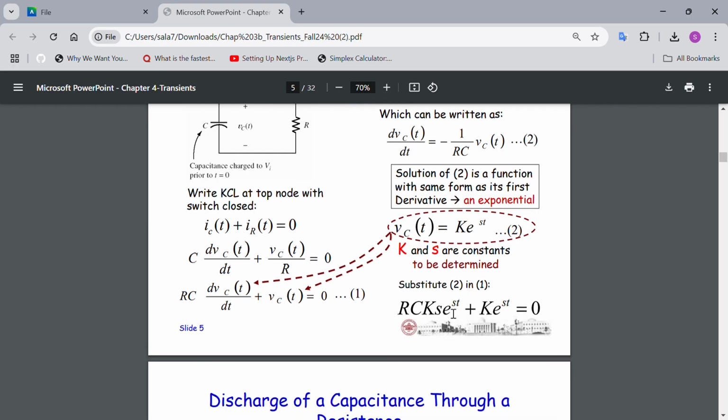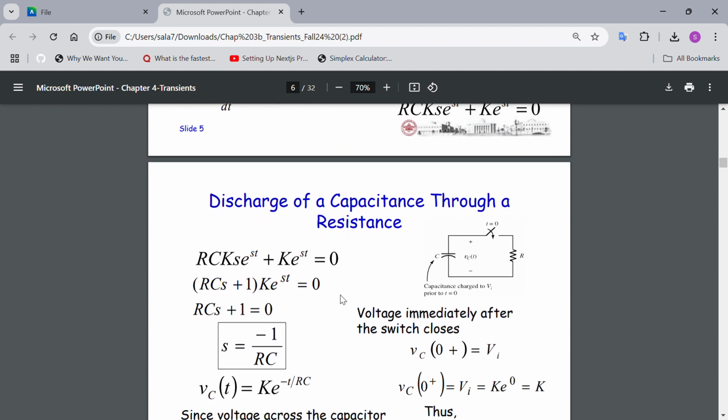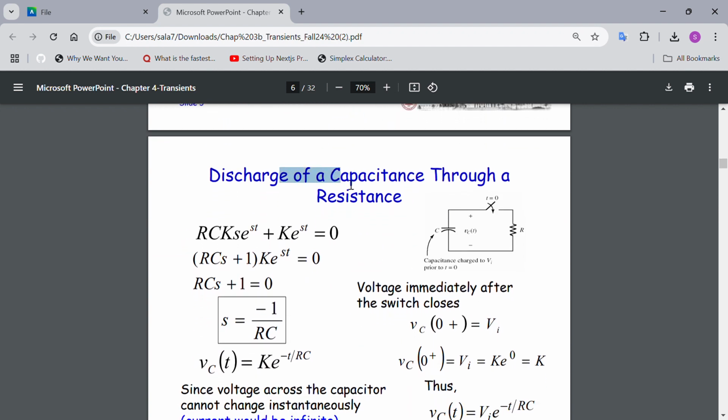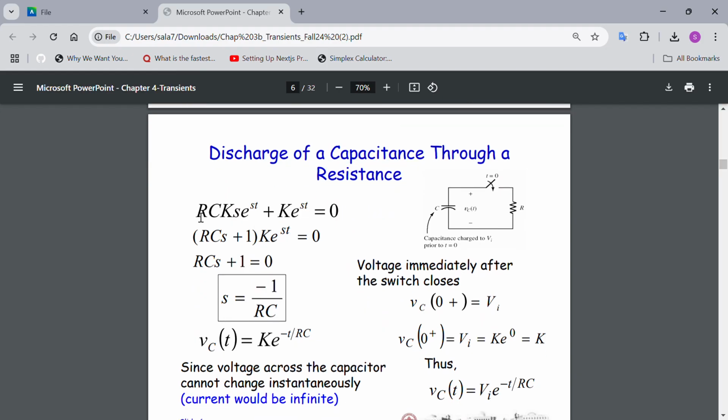And so we can take k e to the st as a common factor, and as you can see here, this is the discharging of a capacitance through a resistance. We have (RCs + 1) times k e to the st equals 0.